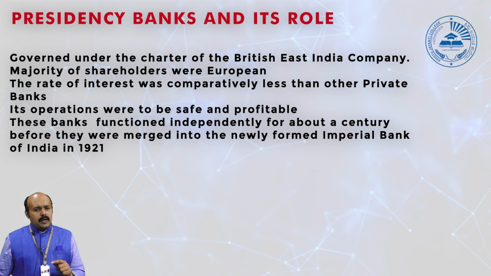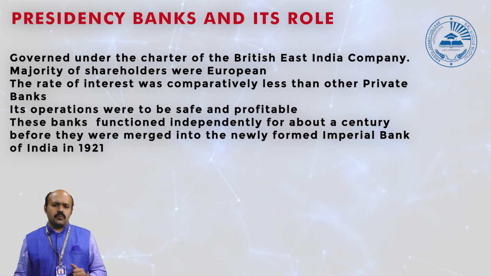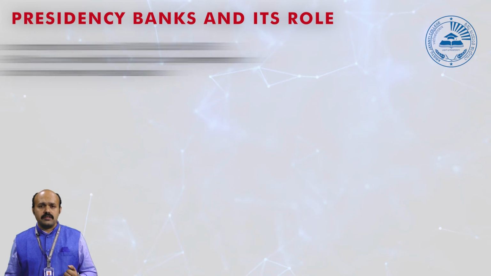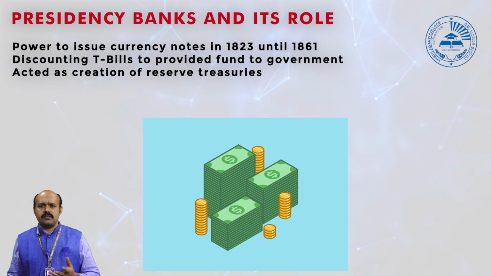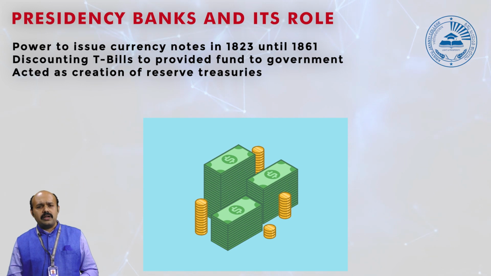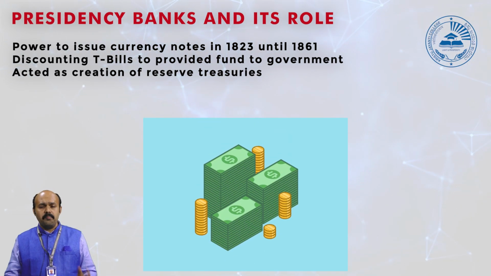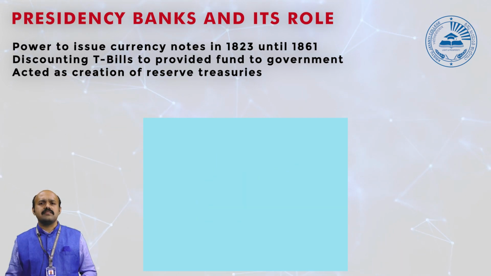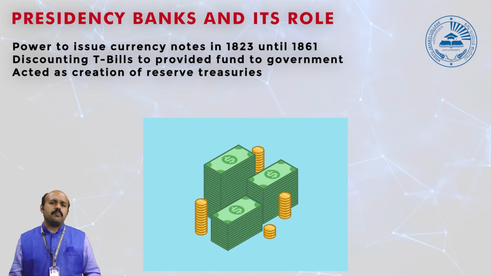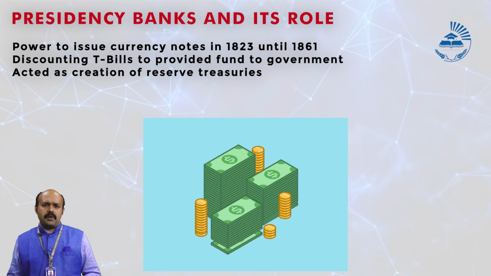Now, what are the functions that these presidency banks used to do? One is to issue currency notes. It was not known that small banks could issue currency notes, but here presidency banks started issuing currency notes from 1823 till 1861. So it had the power to issue currency, and treasury bill discounting was happening.